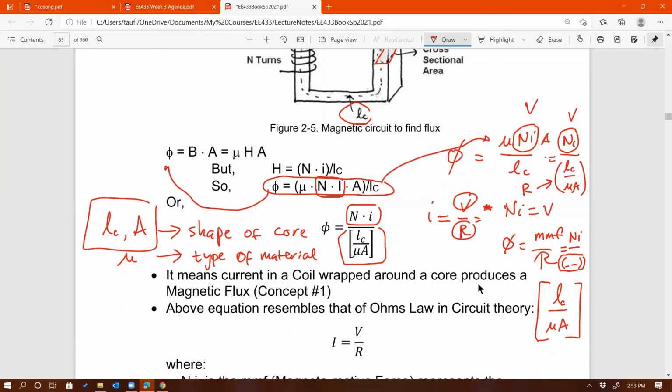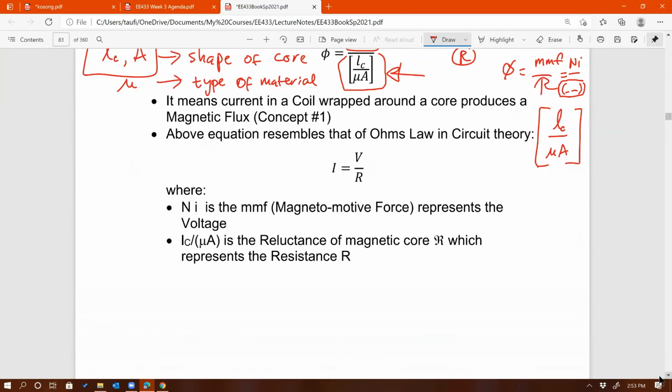So here's the proof mathematically: using this derivation, reluctance is equal to LC over mu A. LC and A come from the geometrical shape of the core, and then mu by itself is the property of the material used in the core. Okay, any question on that one?